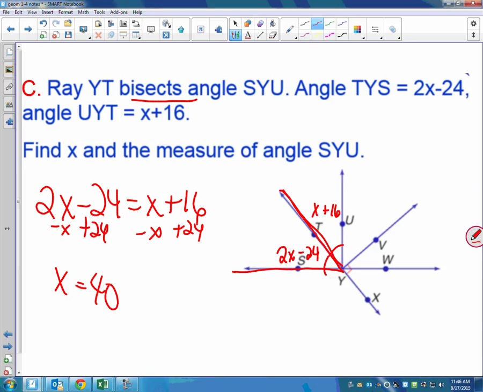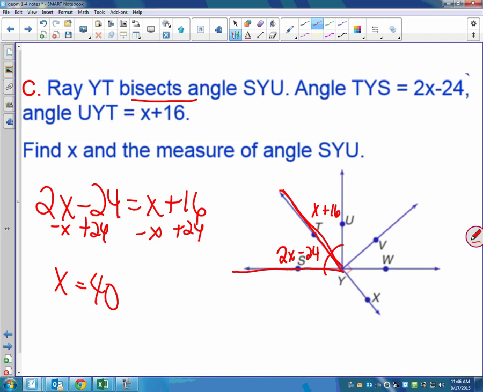So what happens when we plug 40 in each one of those? It's not a right angle. TYS, 256. Yeah.